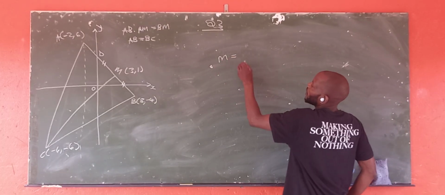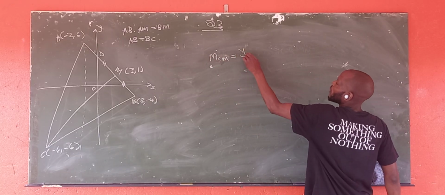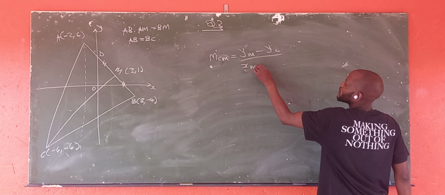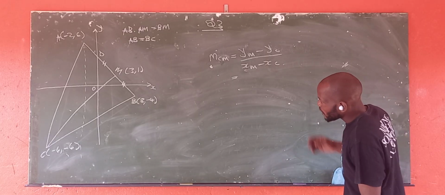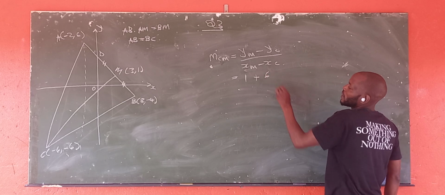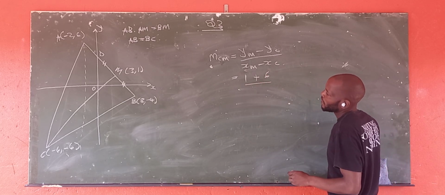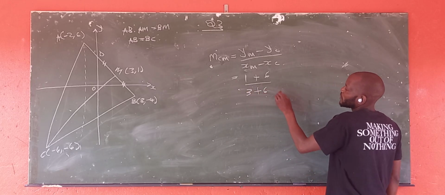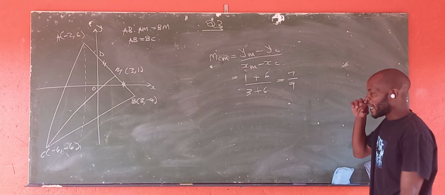The gradient of CM would be y at M minus y at C divided by x at M minus x at C, right? Y at M is 1 minus negative 6, negative by negative would be positive, and then x at M is 3 minus negative 6, which is positive. Therefore, we have 7 over 9 as the gradient.